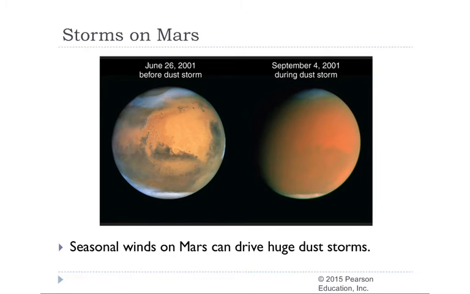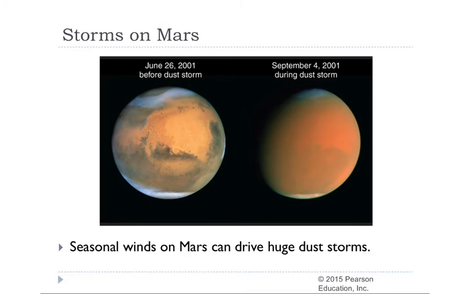Here's an image on the left where you can see some of the features on the surface of Mars. And just a few months later, looking at the same region, you see that it's completely covered. So Mars has these huge dust storms. The dust is very fine, so it's able to be carried very long distances. This entire side of the planet is completely covered by this storm.